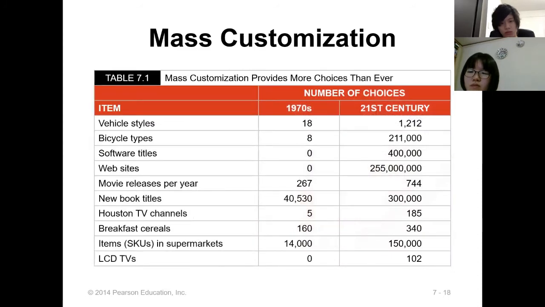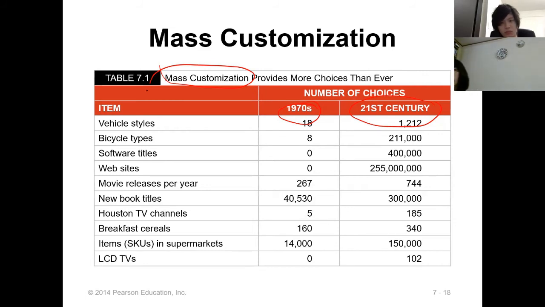If you compare between the 1970s and today, the number of mass customized products has increased tremendously. For example, today for movies, there is Netflix. Although I don't watch Netflix, I do know there is Netflix. Pay according to your subscription-based movie.